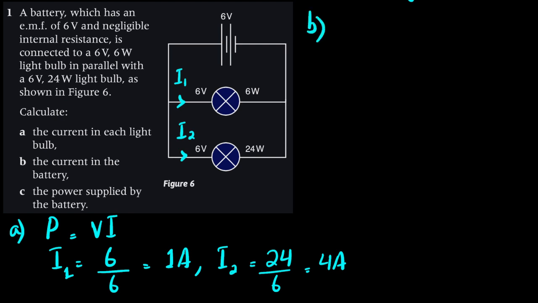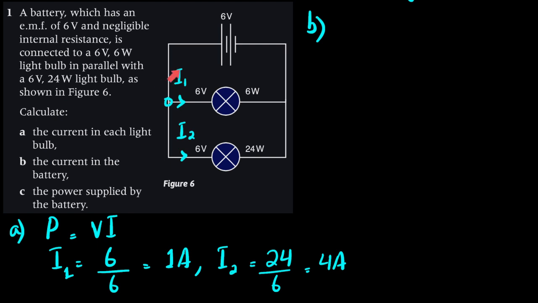In part B, the question asks us to calculate the current in the battery. We can see from this diagram as well that this is basically a junction, because the current being provided by the battery at this point would branch out into each of these parts, right?